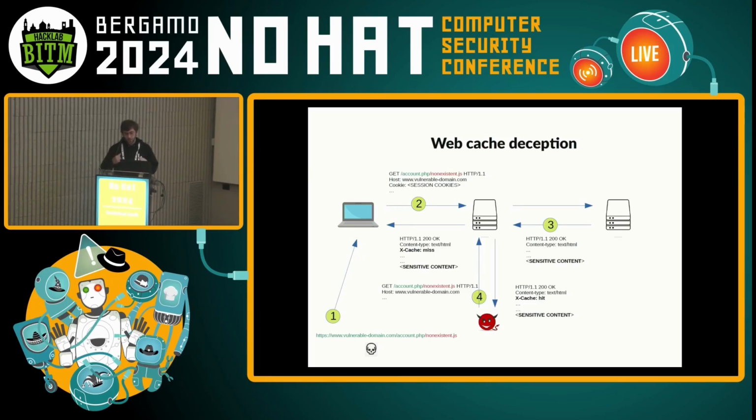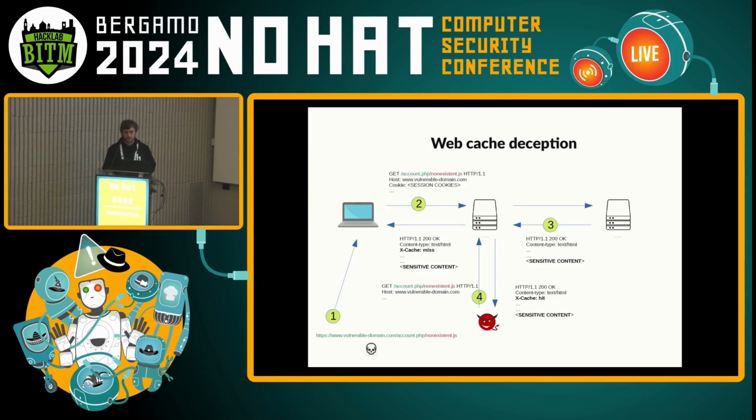Then it merges the real path with a non-existent resource, like here /nonexistent.js. And one important thing is that this resource that does not exist is a static resource, so technically cacheable. When the victim clicks the malicious link, a GET request with the session cookie will be sent as a normal top level navigation GET request.